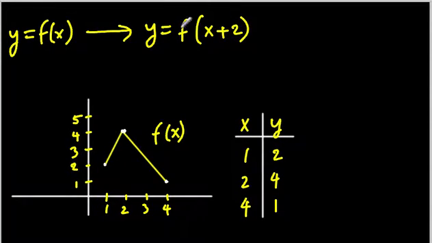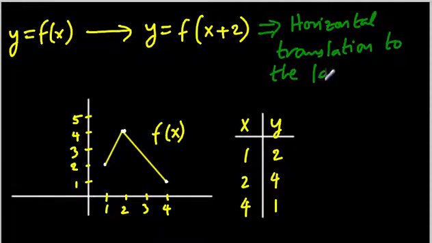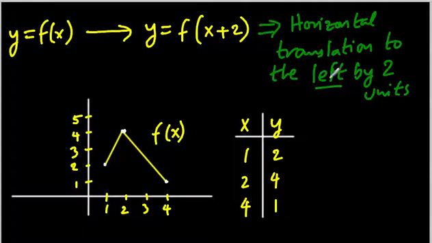There's nothing outside the f to affect the y. So first, let's write a description of the transformation itself. We're going to say there's a horizontal translation to the left. Keep in mind it's to the left. So even though it's plus, it's to the left by 2 units. So it means all the x's are moved to the left by 2.